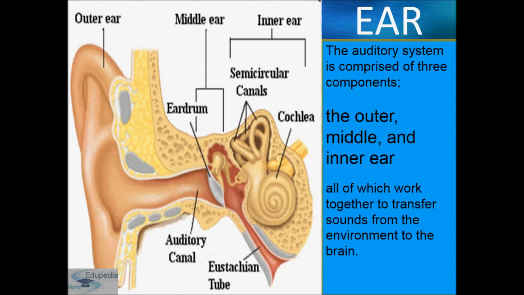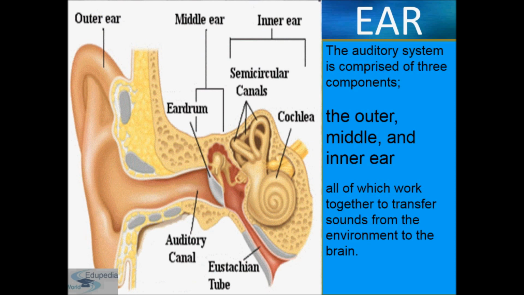And please note that the skin of pinna, see, this is the skin of the pinna, contains fine hairs and wax which is secreted by ceruminous glands. And this eardrum is also known as tympanum. It is formed of connective tissue having outer skin cover and inner mucous membrane.